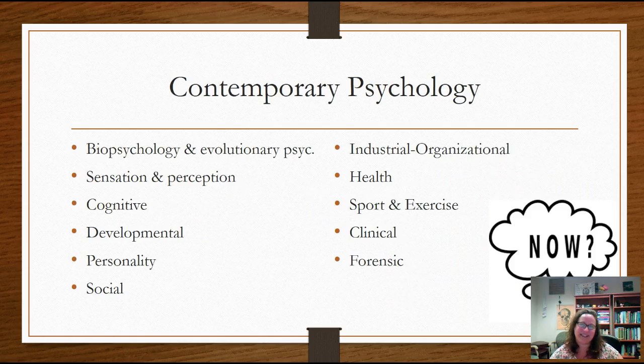So in contemporary psychology, we see things like biopsychology and evolutionary psychology, so trying to understand the mind and behavior from a biological standpoint or from an evolutionary standpoint. Then there are sensation and perception, so anything you sense with your senses or perceive with your mind is something people study now. Sensation is bringing that in with your eyes, your touch, your nose, your smell.